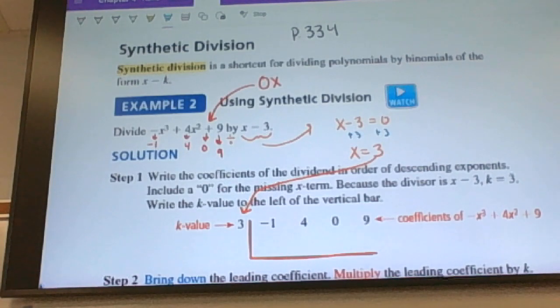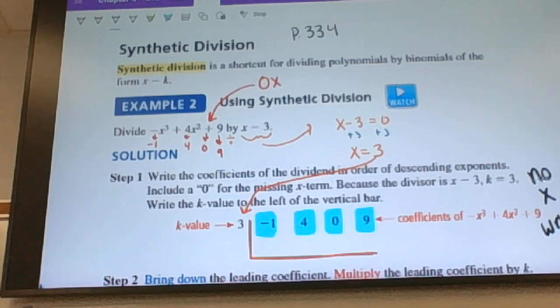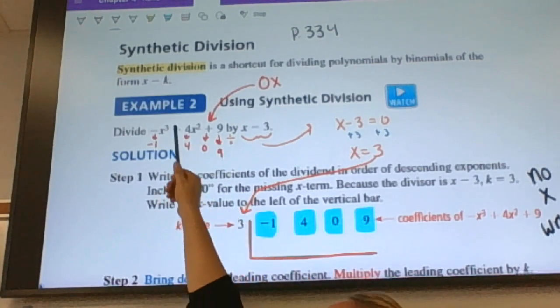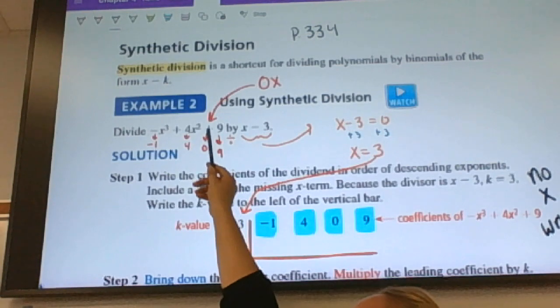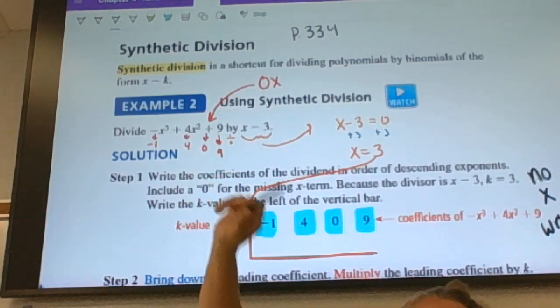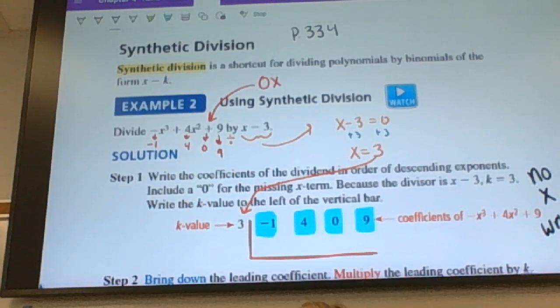So those coefficients fill in the top row of this upside down division box. No x's written here. Because we're starting with a 3rd degree, 2nd degree, and there's no x to the 1st. Whenever that happens, you put a 0 in. We did it in Bellwork with the 3rd.